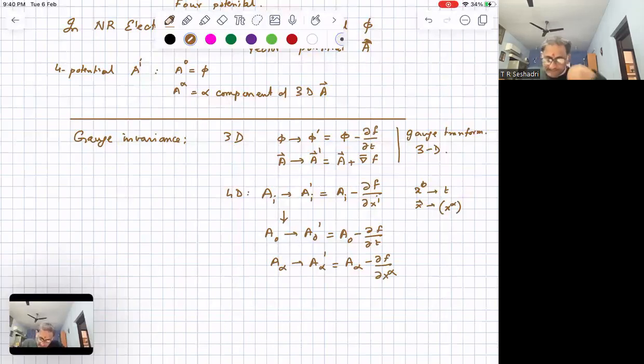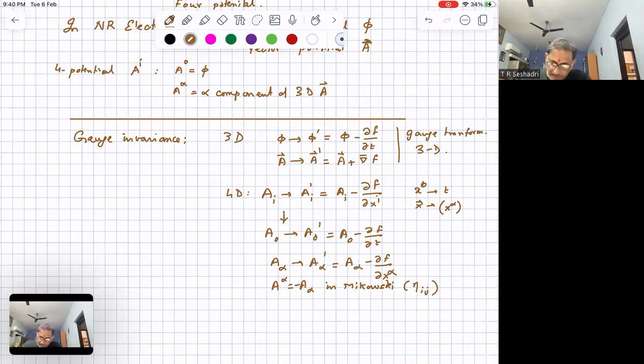Now I raise this index, so A alpha is equal to minus A alpha in Minkowski, that is eta ij, because the spatial portions have a minus sign.